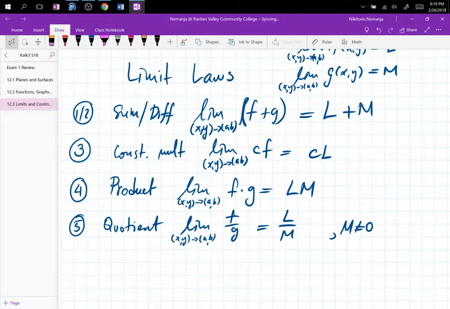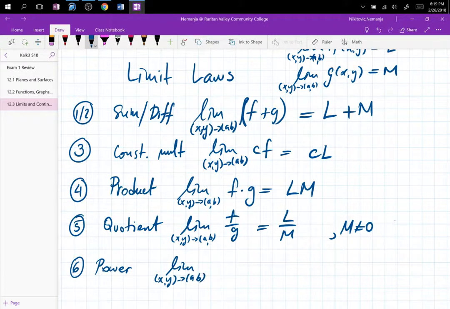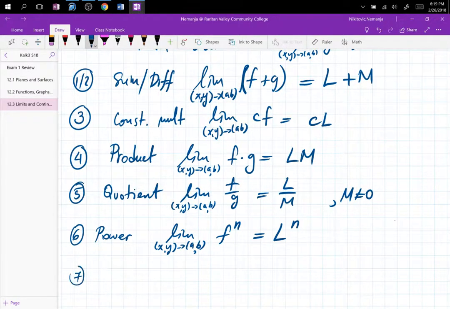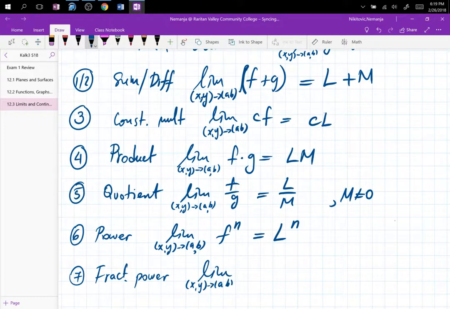And then we have a power and a fractional power. I'm just going to put both, whatever. So the limit as xy goes to a, b of f to the n is L to the n, and for the fractional power, the limit as xy goes to a, b of f to the m over n is L to the m over n.